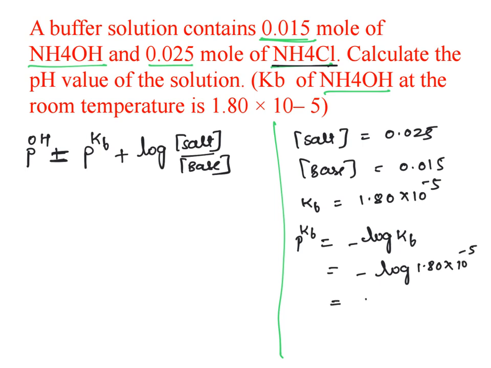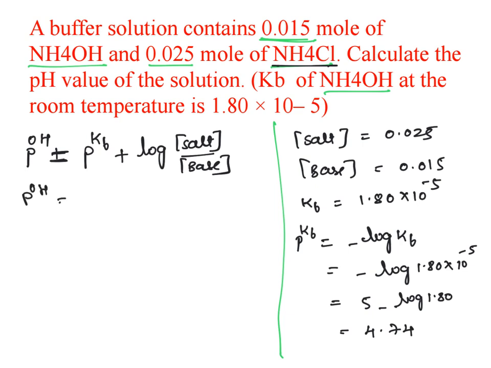So this becomes 5 minus log 1.80, approximately 4.74, because log 1.8 is approximately 0.255, so 5 minus 0.255 is 4.74. Then by taking this data we can calculate pOH.